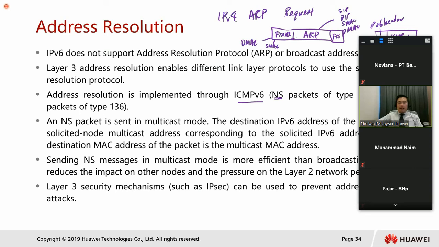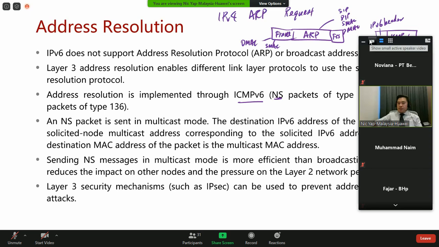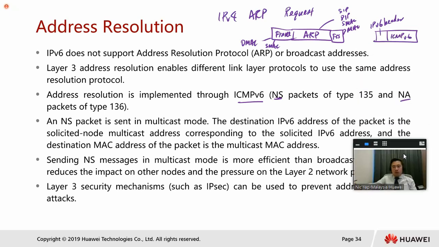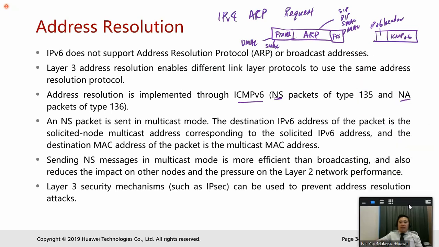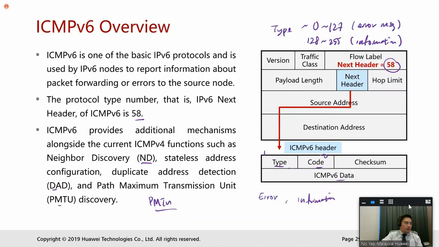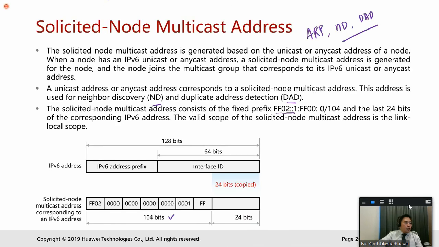By default, the ARP request packet is sent in broadcast mode, so it will be flooded to all the hosts on layer 2. But under layer 3 address resolution, the request will only be sent to the solicited node multicast group. You remember the group that I mentioned? That is the solicited node multicast group.